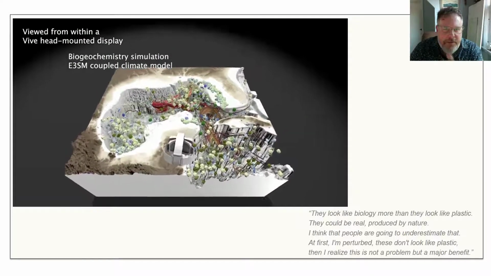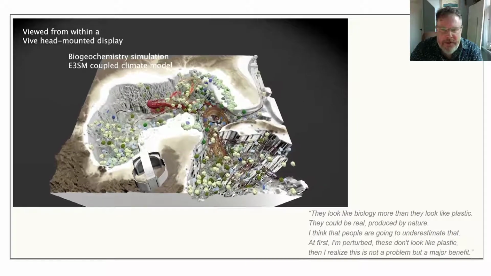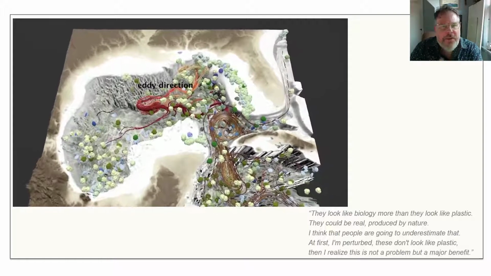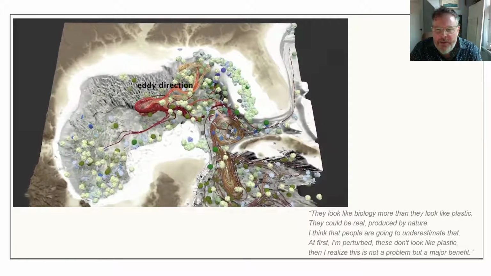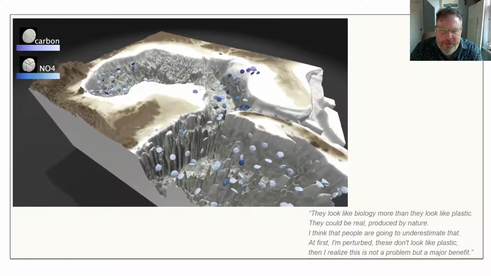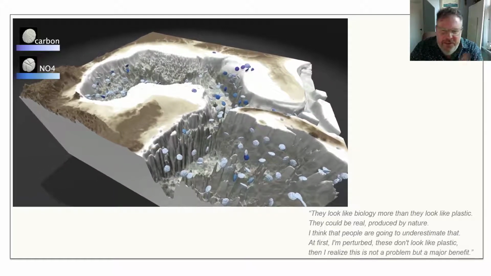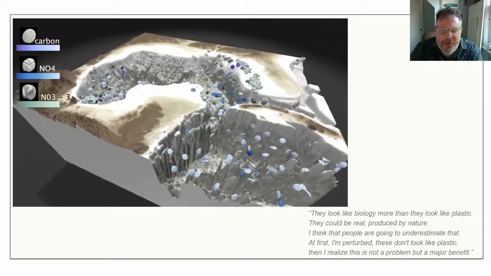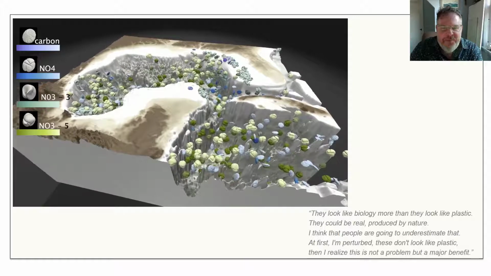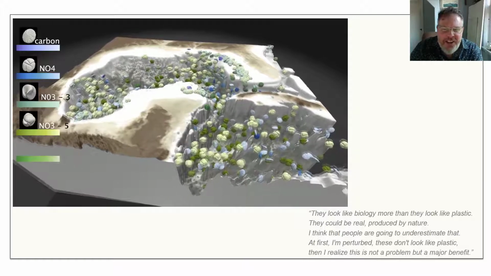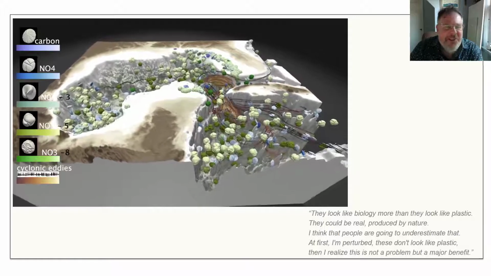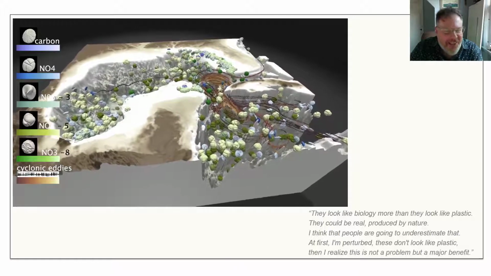And some of the interesting comments we've gotten, for example, from Phil Wolfram, one of our collaborators studying this data in the Gulf of Mexico, just gave us this quote, which I absolutely love. Speaking of the visualizations, he said, "They look more like biology than they look like plastic. They could be real, produced by nature. I think people are going to underestimate that. At first I'm perturbed. These don't look like plastic.